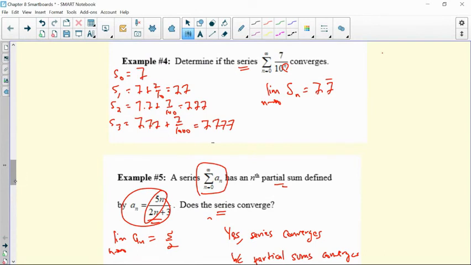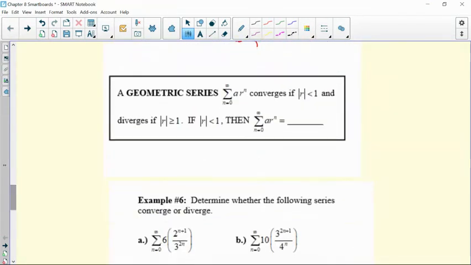So a geometric series, just as a quick reminder, will always converge if your ratio is less than 1. I should say its absolute value. It'll diverge if it's greater than or equal to 1. And you can actually sum it up, and this is what we did in honors pre-calc, by a over 1 minus r. Okay.